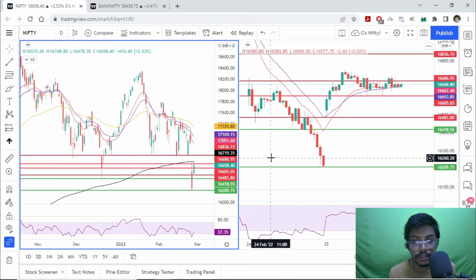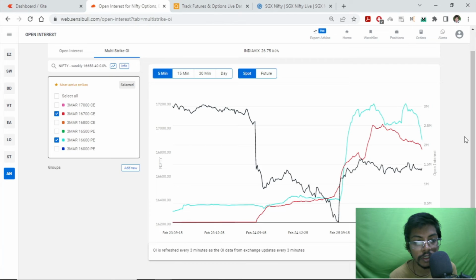Okay, so if you see, there was short covering in both call and put positions at 16,700 and 16,600, which was an initial cause for premium decay alongside the VIX dip during the day.